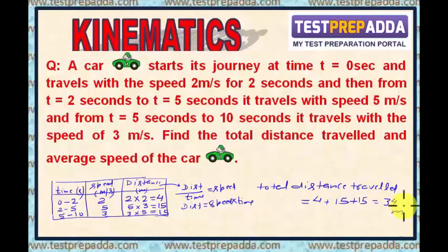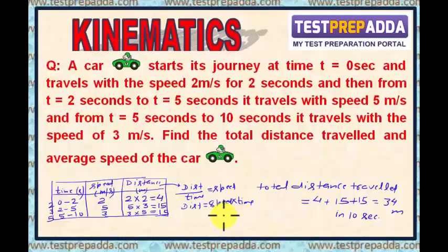And this 34, the distance traveled is in how much seconds? 10 seconds, because here the time interval was 2, here the time interval was of 3, here the time interval was of 5 seconds. So total time is 10 seconds.